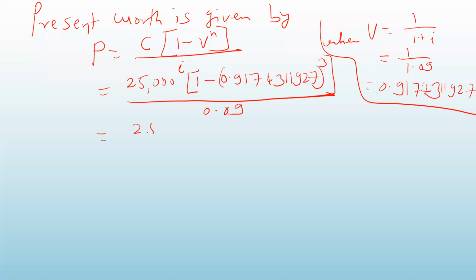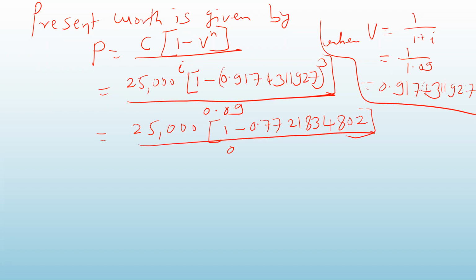Now you have to simplify this. As I told you, this is already on the screen of your calculator. Take its power 3, meaning multiply and press the equal sign 2 times. That will give you power 3, which is 0.7721834802. You need not type this big number again and again.